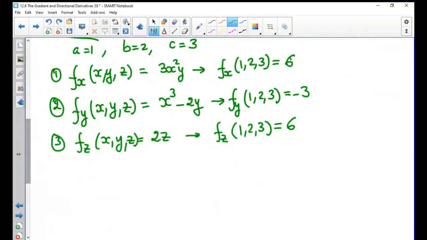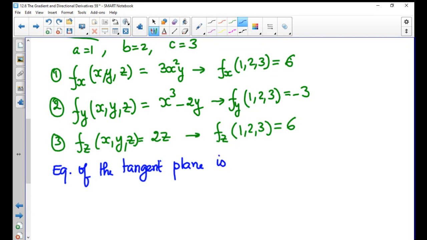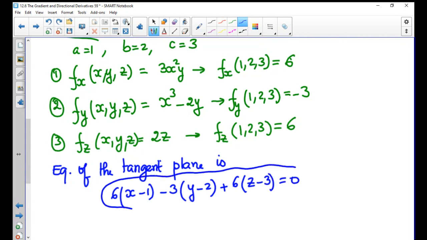Great. Now, can we write the equation of the tangent plane? Yes, we can. So the equation of the tangent plane is 6 times x minus 1 minus 3 times y minus 2 plus 6 times z minus 3 equal to 0.